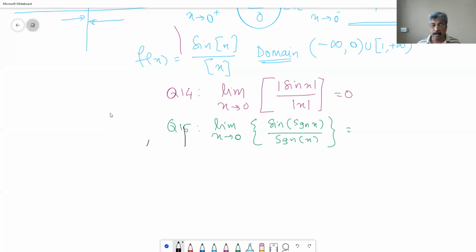Last problem, limit x tends to 0, sine fractional part of x upon fractional part of x.